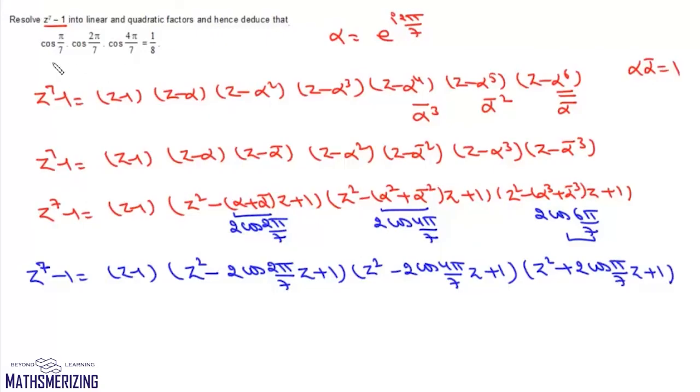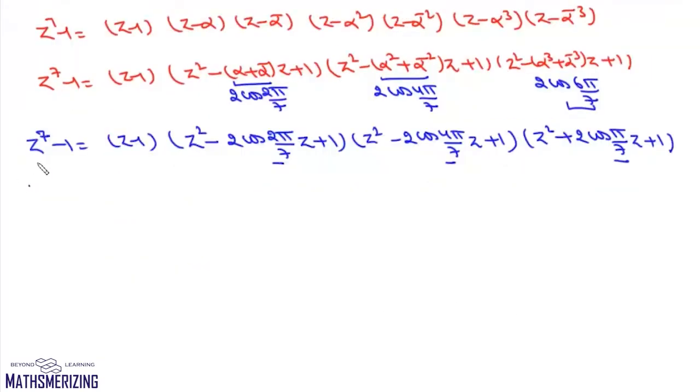Now we need to find this product, cos pi by 7 into cos 2 pi by 7 into cos 4 pi by 7. Now what we'll do is we'll put z as iota.